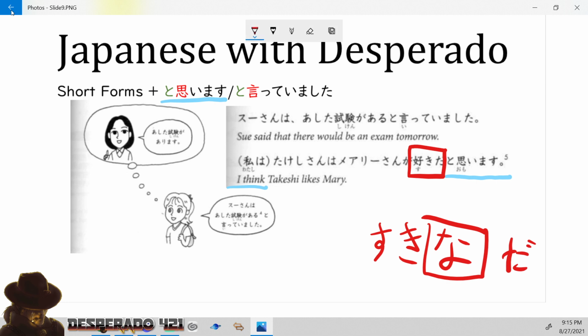All right. So that was for I think, and what we're going to be mainly focusing on today is what someone said. So what the person said. In this case here, the person that's talking is Susan.